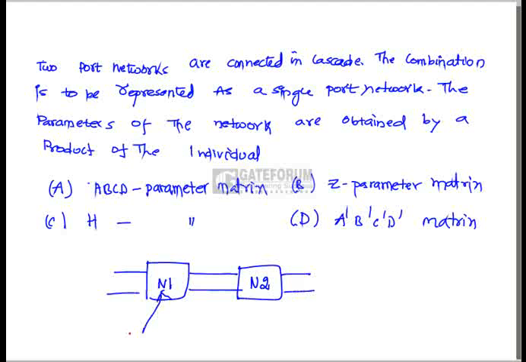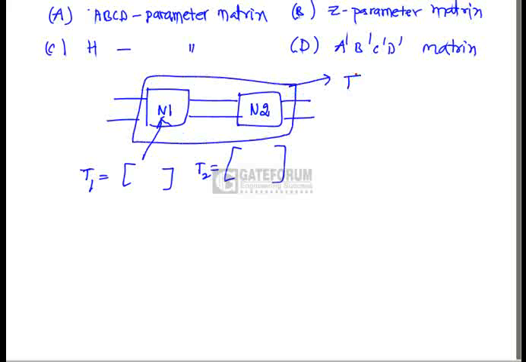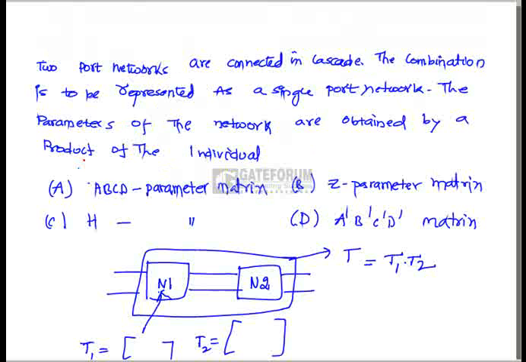Suppose N1 has a matrix T1 and N2 is represented with a matrix T2, then the whole network is represented with a T, which is nothing but the product of T1 and T2, because we are assuming those are T parameters, then only we can take the product. So option A is correct.